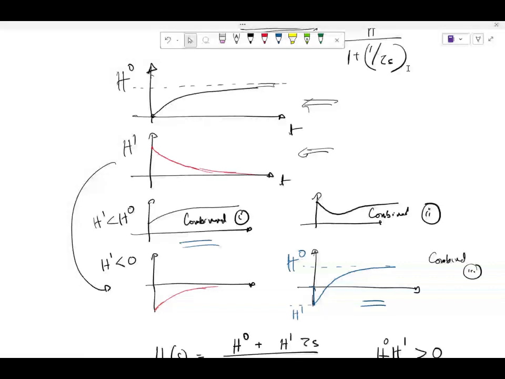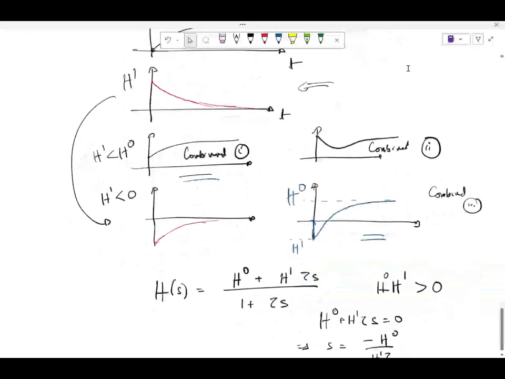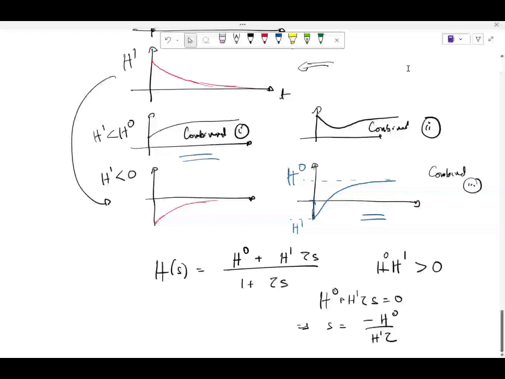In a first order transfer function, you can definitely say that. For higher orders, we'll come to that. The other thing you can figure out from the plots is whether the 0 is in the LHP or RHP, left half plane or right half plane, from how the step response starts.